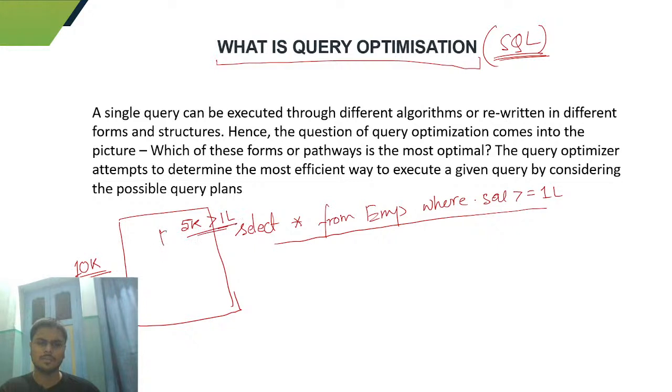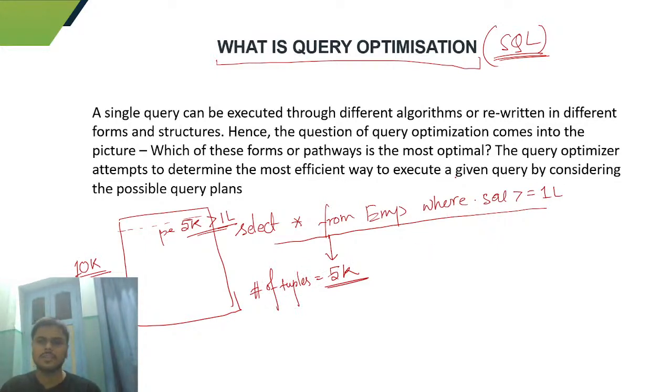So this query returns all the attributes of those tuples, and the number of tuples will be 5k.